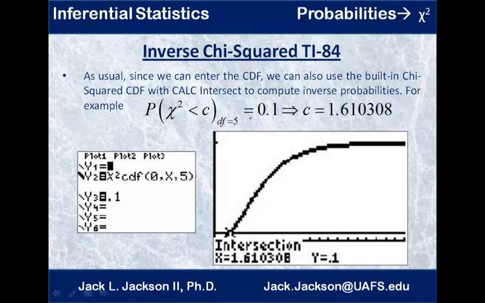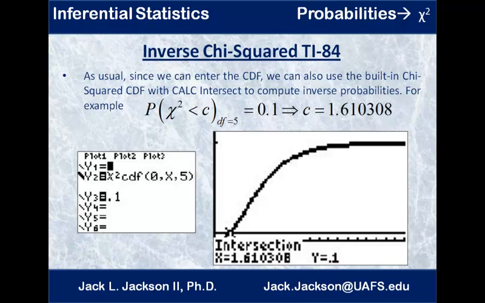The cumulative probability is 0.1, and so we just want to find that intersection, do calc intersection like we've done many times. Of course, y is 0.1, and that x value, 1.610308, is the chi-square value c, the x value on this graph, where it gives us that particular output.